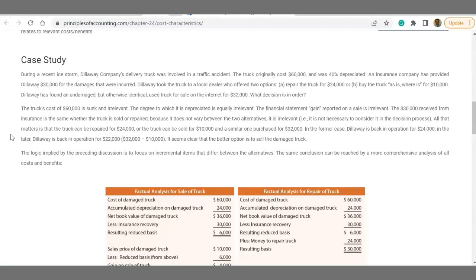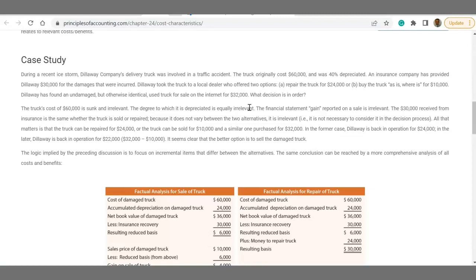The truck cost of $60,000 is a sunk cost and irrelevant. Yes, they bought it already for $60,000. That's not important. But the degree to which it is depreciated is equally irrelevant also. 40% is already depreciated. That's fine.